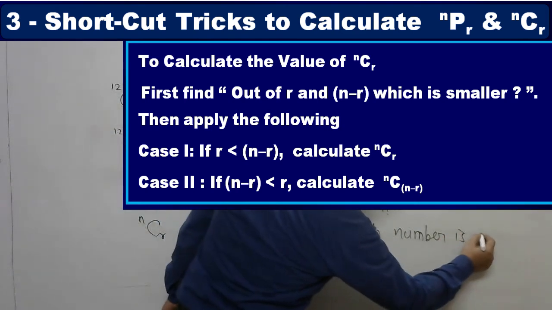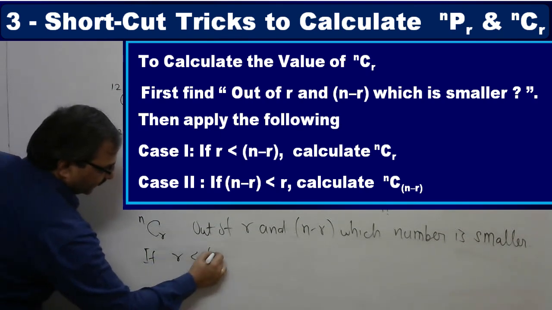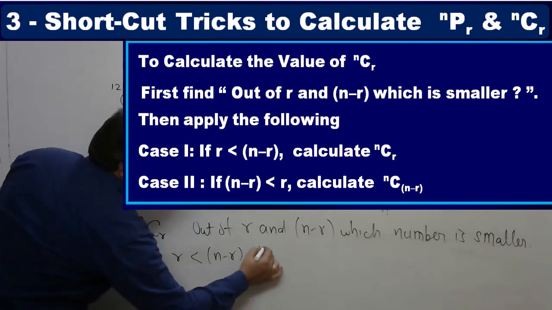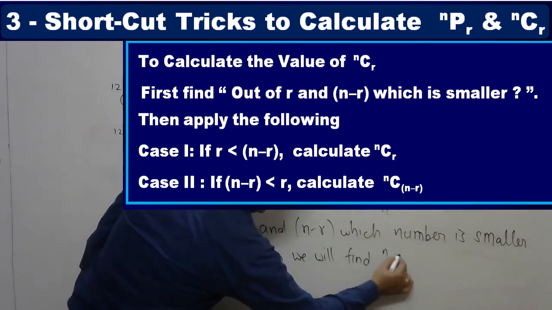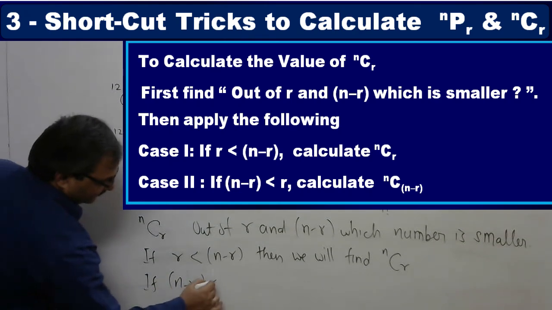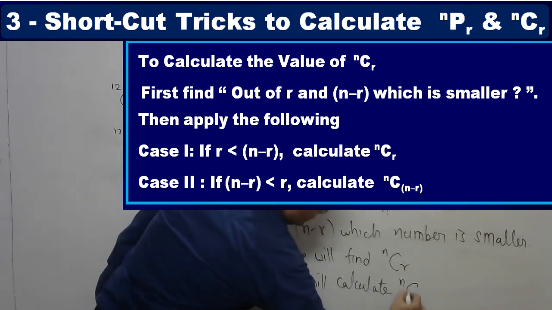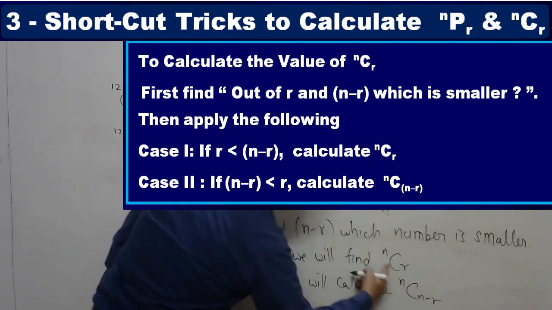So to summarize this trick, to calculate nCr, we will find out which of r and n minus r is smaller. If r is smaller than n minus r, then we will find nCr. But if n minus r is less than r, then we will calculate nC(n minus r) and not nCr.